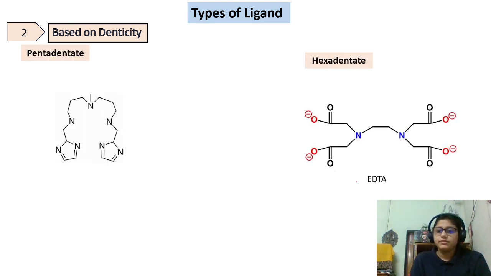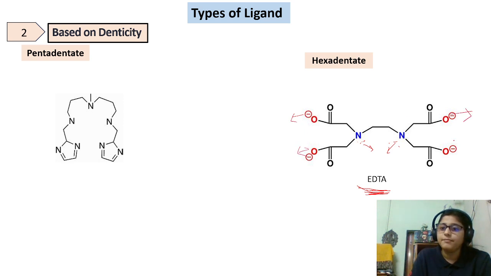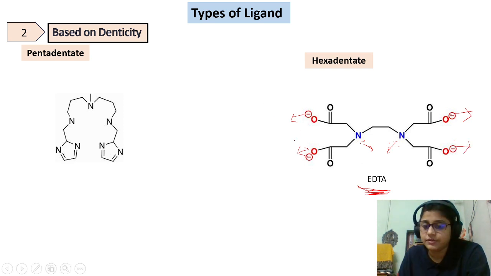This is important. This is EDTA. You all know it, I think, because it is a chelating ligand. This has 6 atoms which can be donated. This is hexadentate, very important. You must remember this name. This is 4, this is 5, and this is 6. 6 atoms for donation.